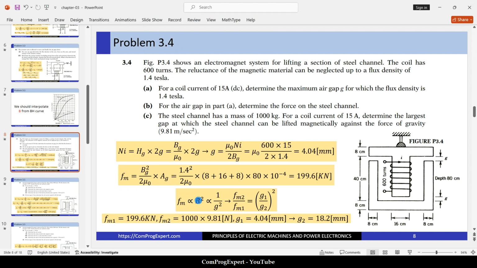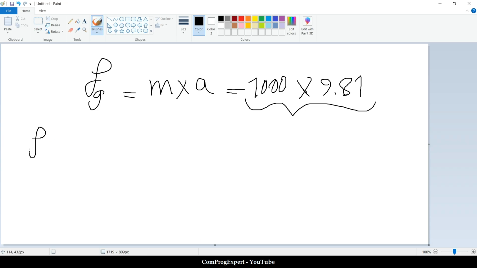So we can derive this equation here, the ratio between forces for these two cases. The value of the current is the same for this case and the previous case. So the magnetic force is equal to B gap to the power 2 divided by 2 times mu 0 times the area of the gap. These two are constant.